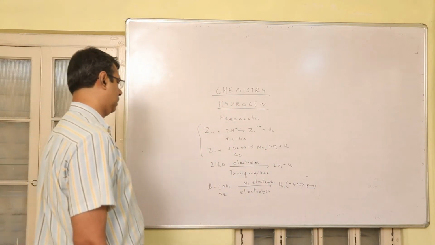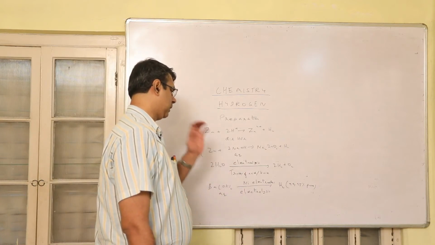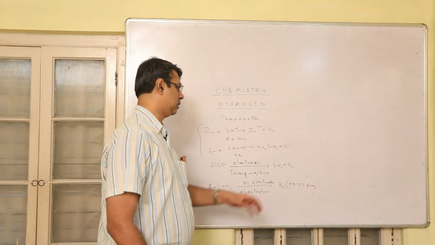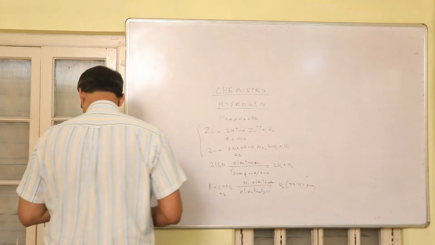So electrolysis of barium hydroxide with nickel electrode is one very good method of getting hydrogen of high purity.